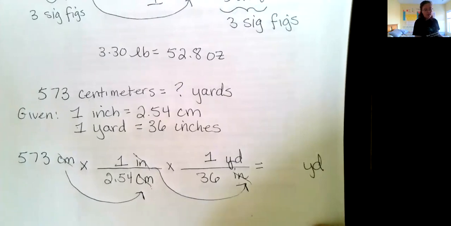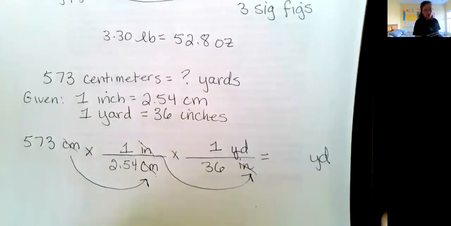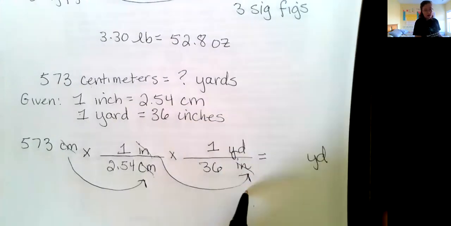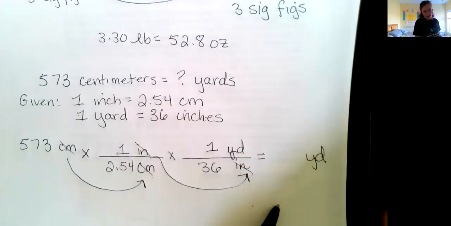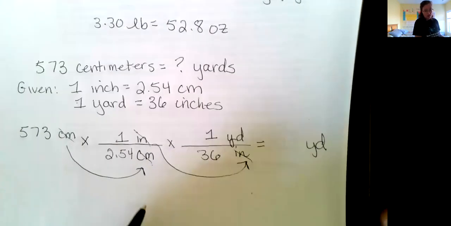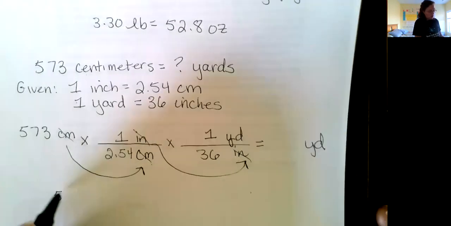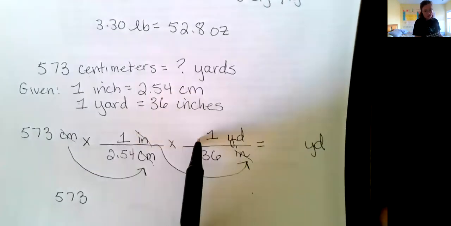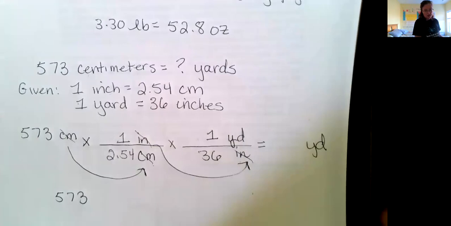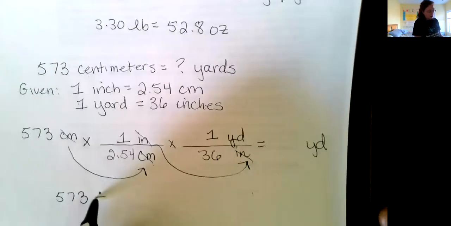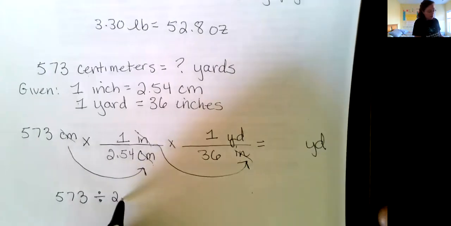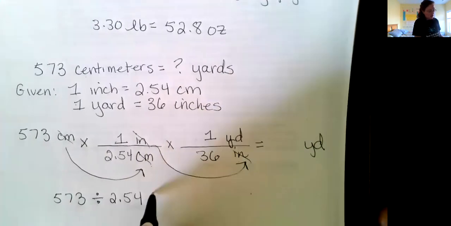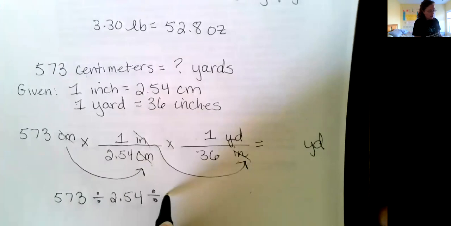In your calculator, rather than taking the time to multiply across the top, multiply across the bottom, then get the number from the top and divide it by the bottom, this is all you have to do. 573. We don't need to do times 1 times 1. That would not change the answer. Instead, we're going to do divided by 2.54 and divided by 36.